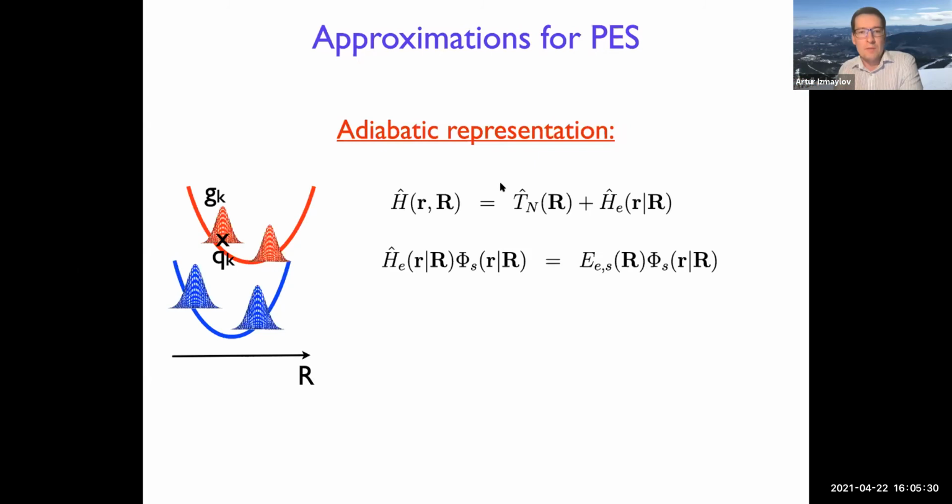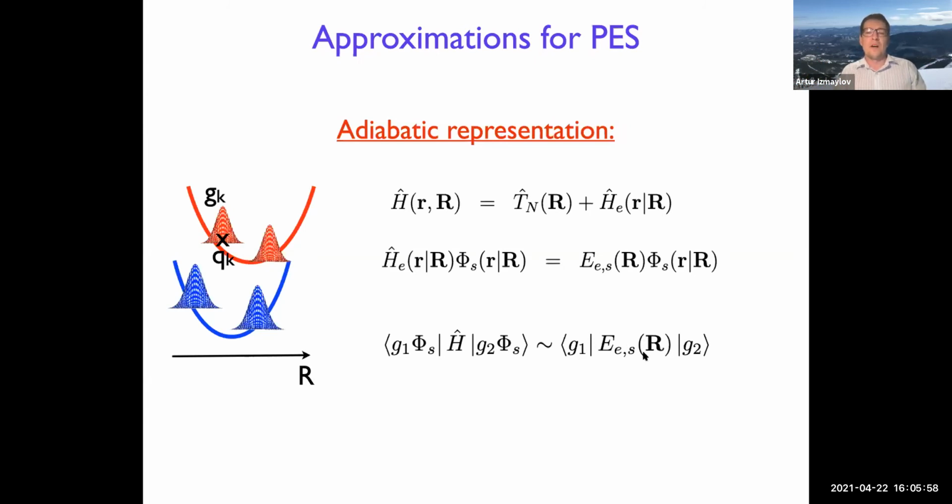In normal quantum dynamics in the adiabatic representation, we naturally split the Hamiltonian in two parts, the kinetic energy of nuclei and the electronic part. When it comes to calculating matrix elements between the basis functions, you naturally integrate out the electronic degrees of freedom first, and then you need to integrate Gaussians with essentially the calculated potential energy surfaces.